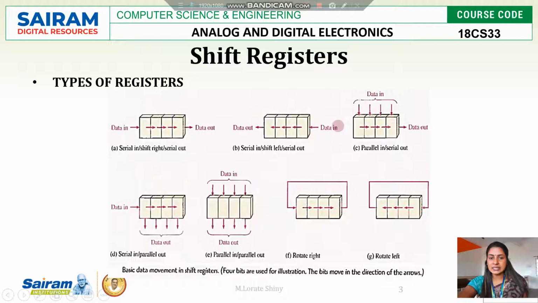In this case, from the left side we are inserting the data, and on this side the bits will be shifted out. Okay, and here single input, parallel input and single output is called parallel in, serial out. Here single input, parallel output is called serial in, parallel out. Parallel input as well as parallel output is called parallel in, parallel out.